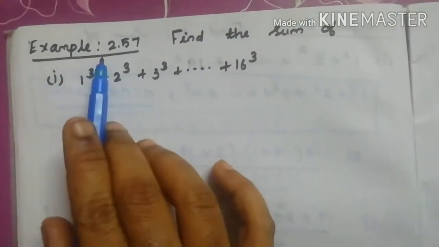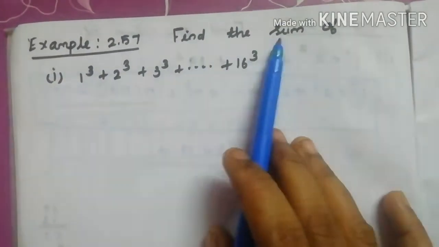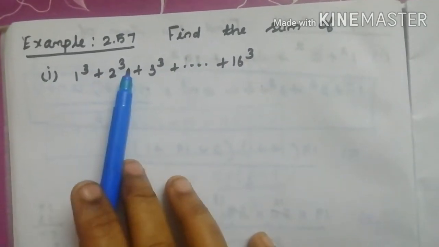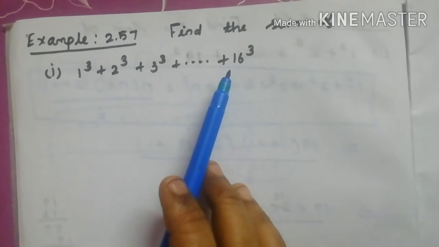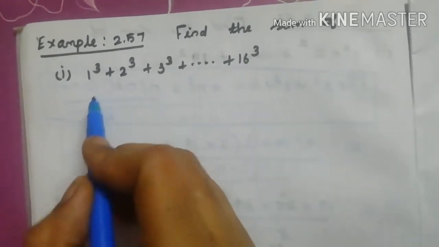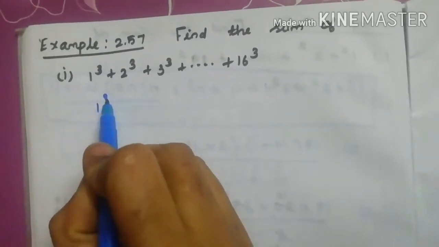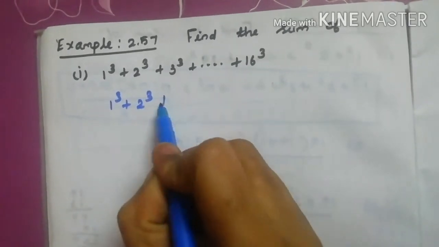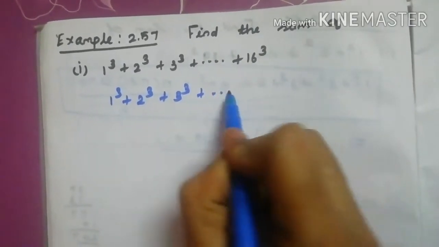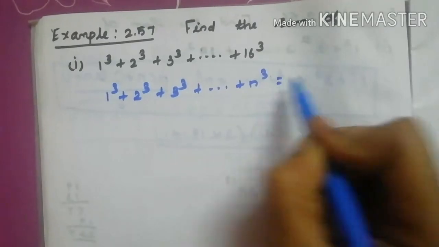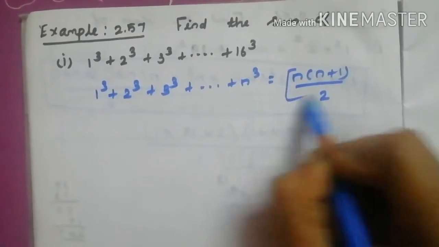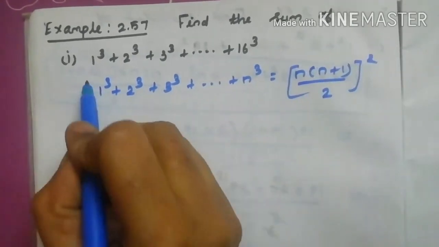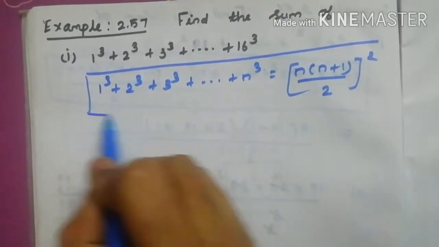Next, example 2.57. Find the sum of 1 cube plus 2 cube plus 3 cube plus up to 16 cube. Here the formula for the sum of the first n cube numbers, that is 1 cube plus 2 cube plus 3 cube plus etc. plus n cube, is equal to n into n plus 1 by 2, the whole square. This is our formula.